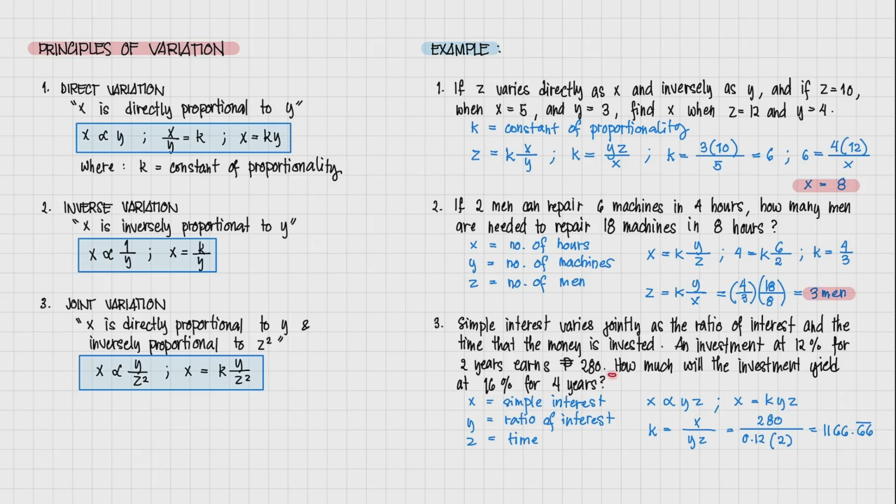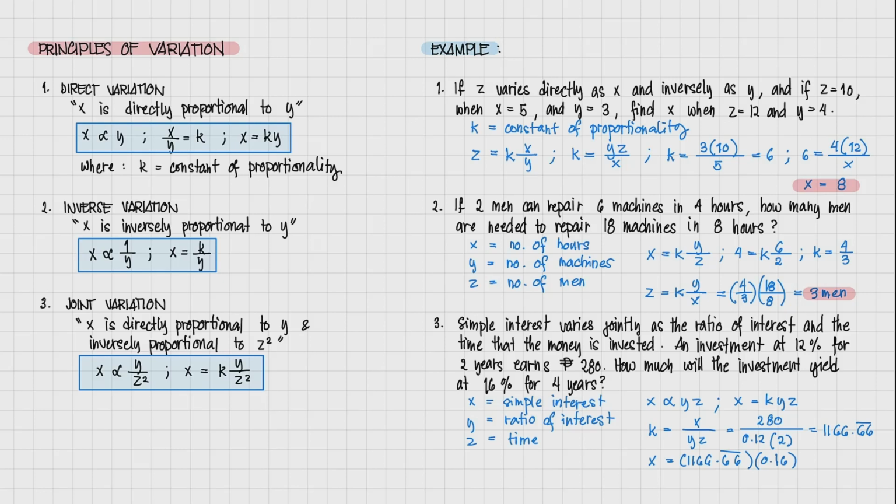From that equation, we can now solve our question: how much will the investment yield at 16% for 4 years? We're just solving for X. K is equal to 1166.66. Y, the ratio of interest, is 0.16.